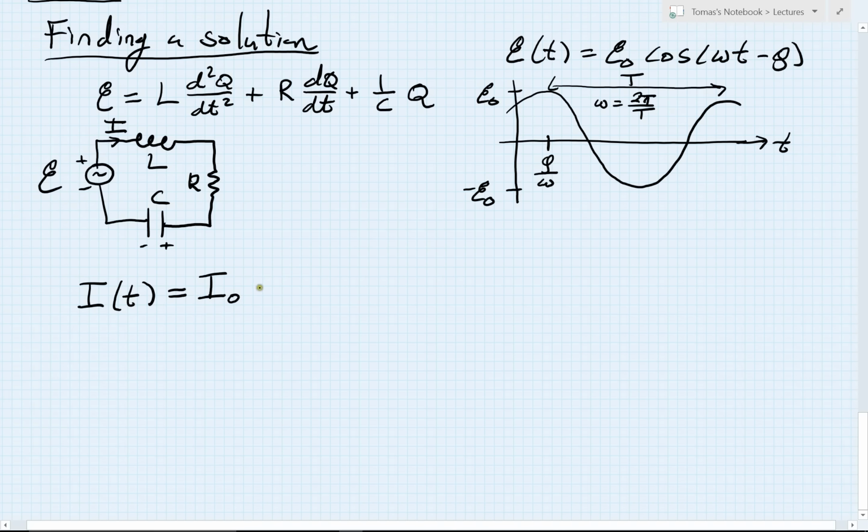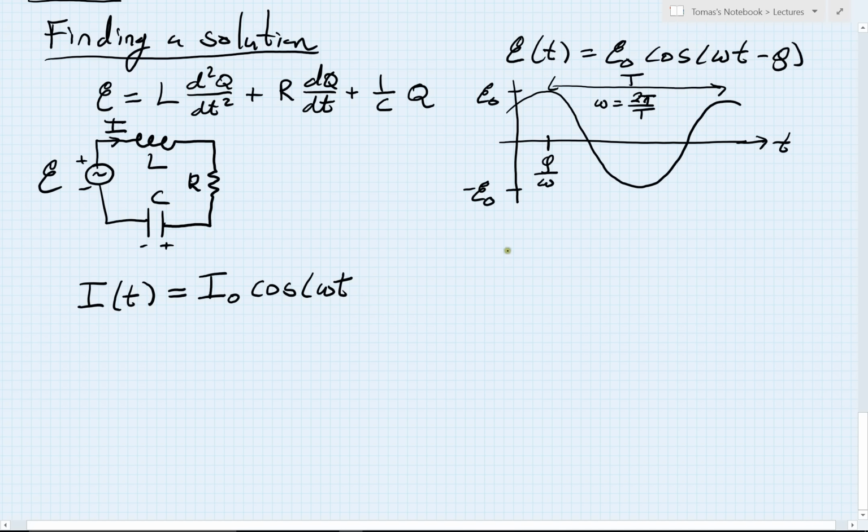So I would think then that the current has the same frequency, omega t, as the voltage. What I don't know though is when the current is going to be hitting its maximum values or not. I don't really know what phase I should put inside of this cosine.